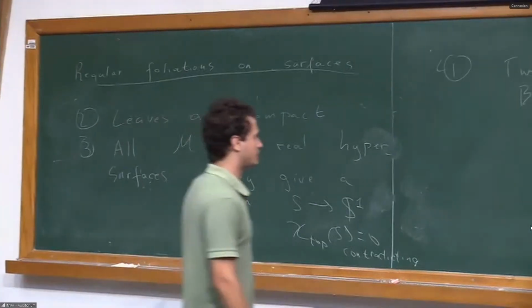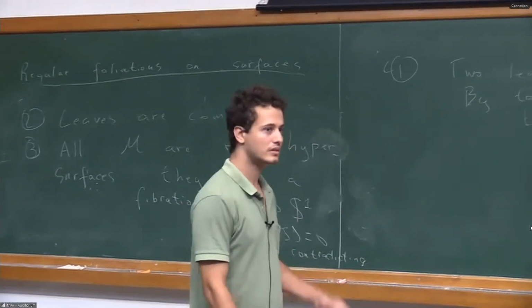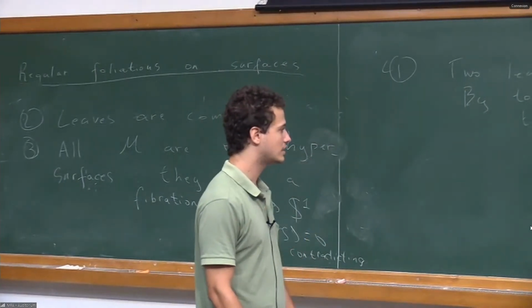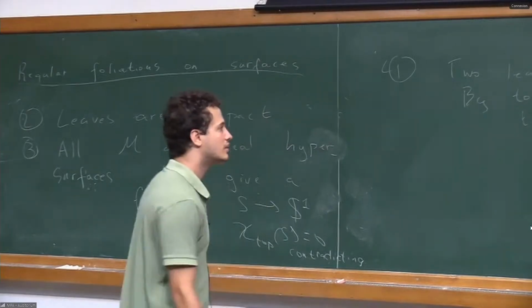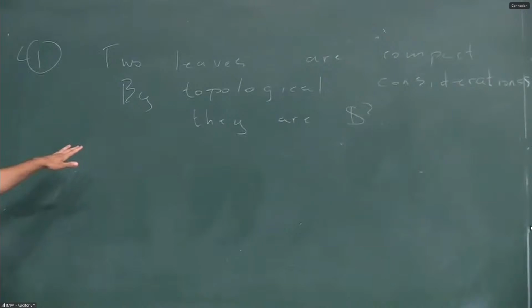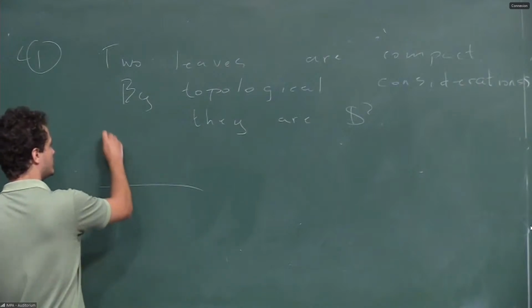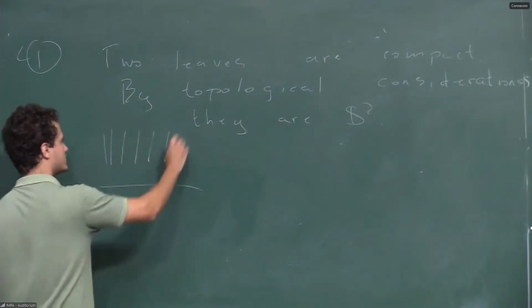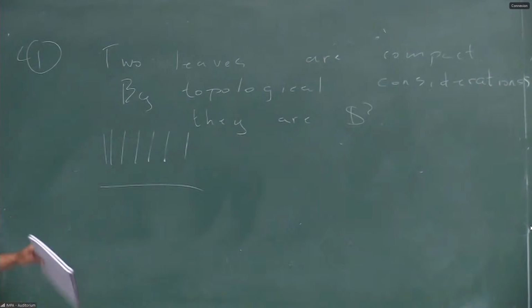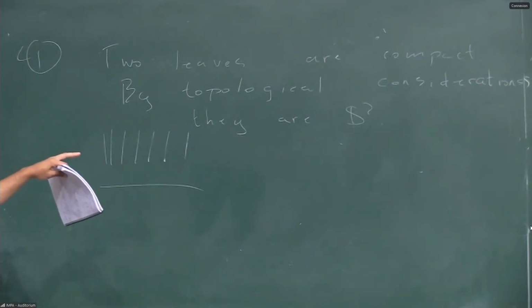surface of general type. So what kind of input are you using on the leaves? I'm asking what kind of information he's using. It's something like this. I don't know exactly the details. Brunella only says that if you have a fibration by real hypersurfaces, the ends are these two compact leaves.